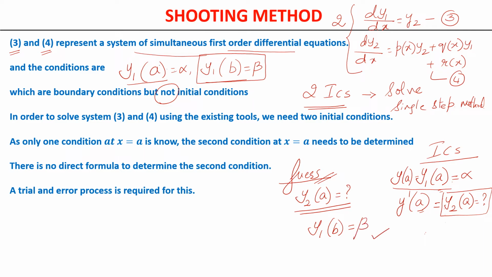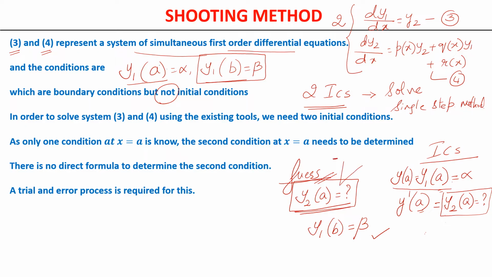If it gives back beta on solving the complete IVP, then that means the guess that I have made for y2 of a is correct. So in order to make the guess for y2 of a, I do it arbitrarily. There is no particular procedure.